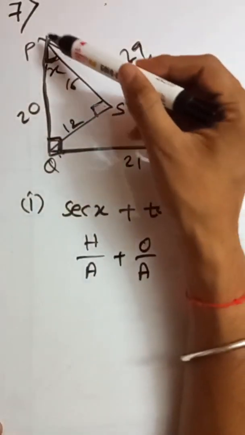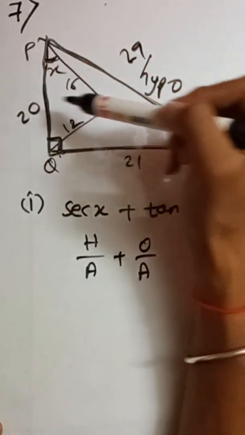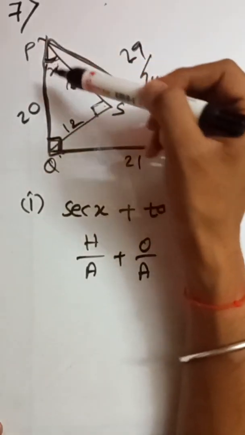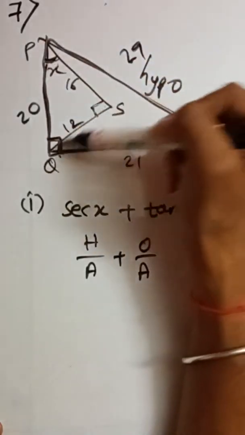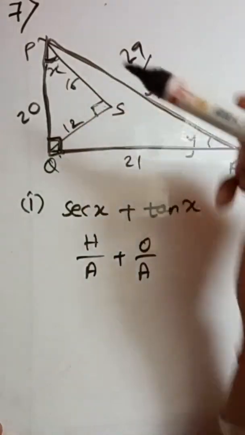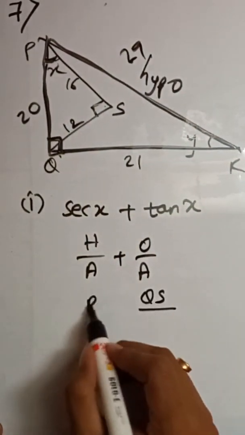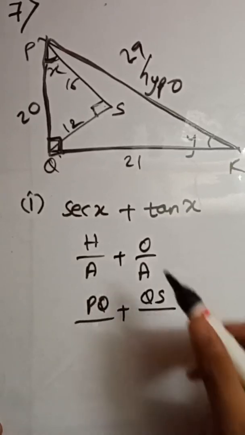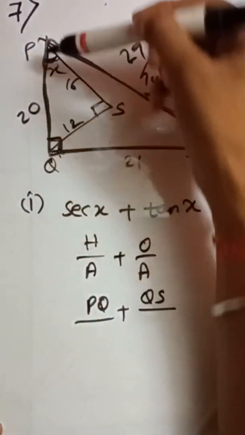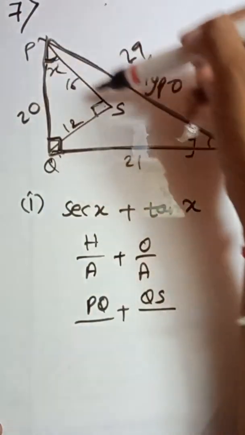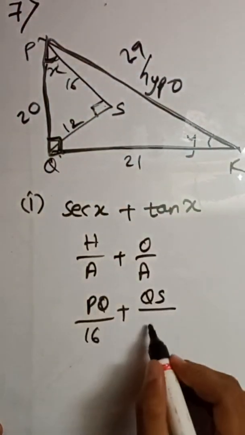Now in this triangle, see, PQ is the hypotenuse, opposite 90. Which side is opposite to x? QS. So QS will be opposite. Hypotenuse is PQ. Okay, and this is opposite, this is hypotenuse, so PS will be adjacent. Okay, so 16.